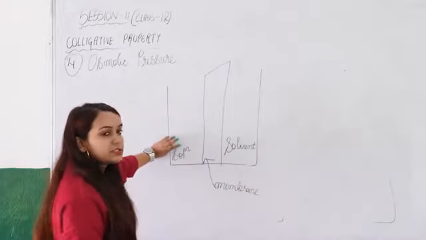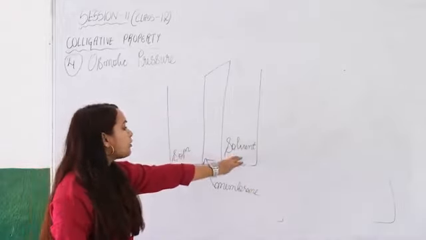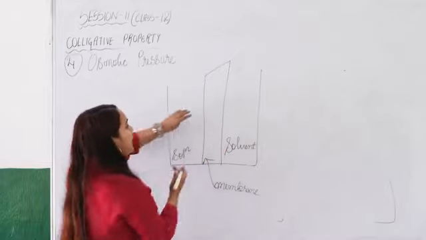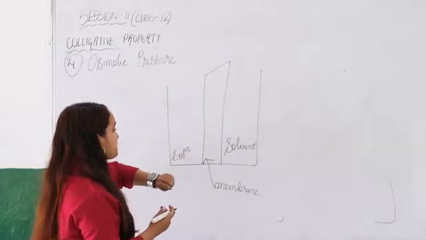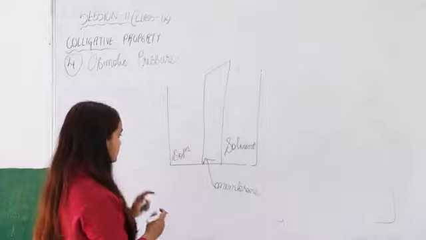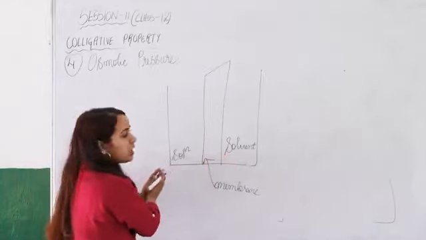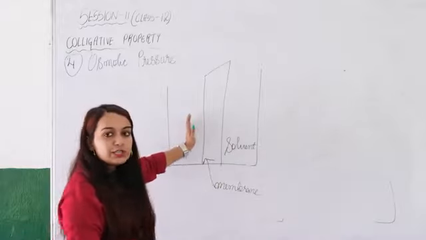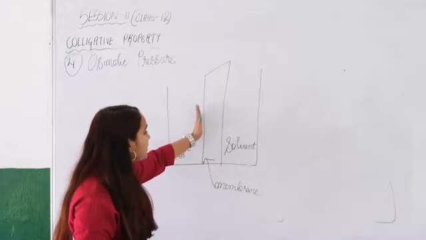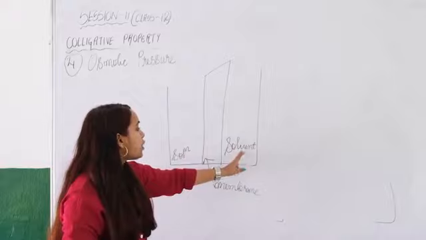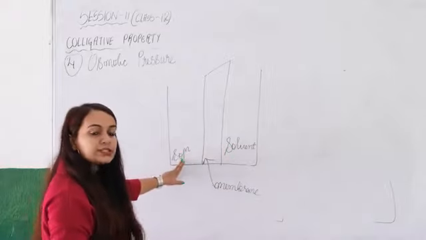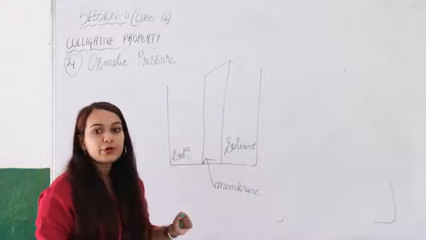Left hand side we have the solution, right hand side we have the solvent, and they are divided by a semi-permeable membrane. It is obvious that the solvent will travel to the solution, but the minimum pressure which can be applied here in order to prevent the solvent from traveling to the solution side is known as osmotic pressure.